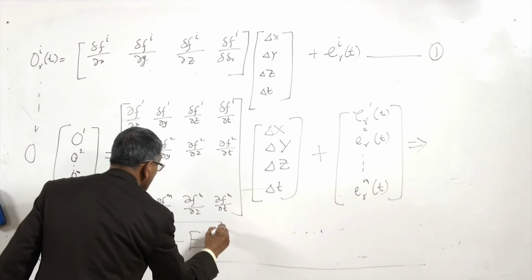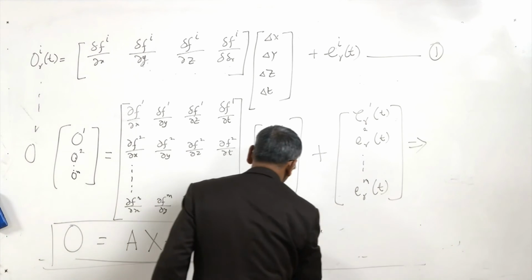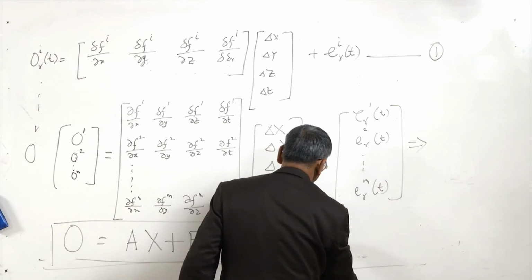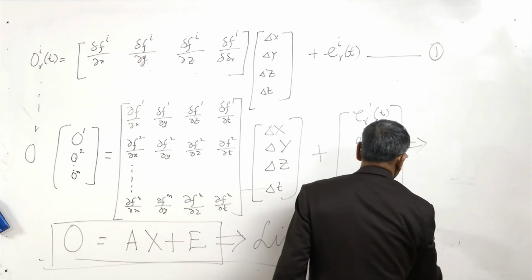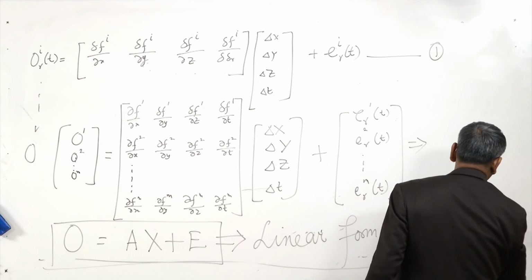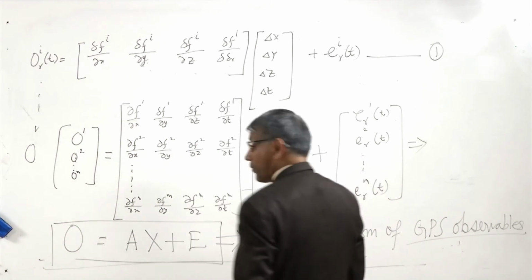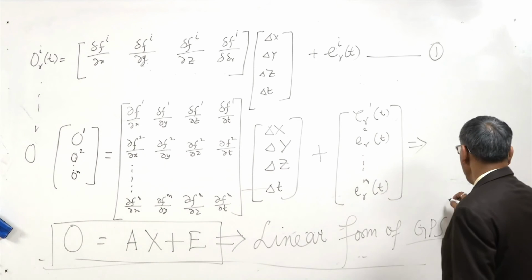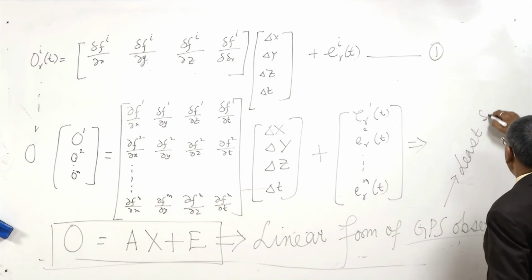So this is the final linear form of GPS observables, which we can now solve by least square analysis.